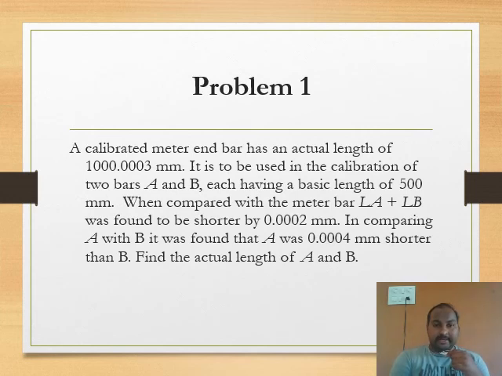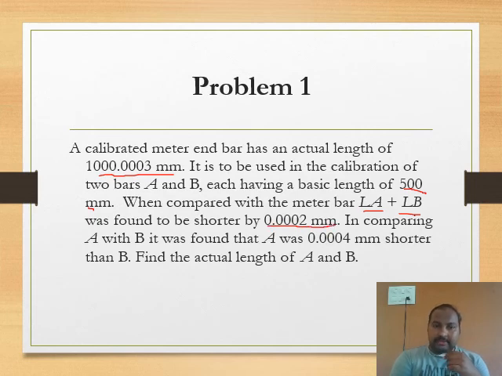A calibrated meter end bar, which has an actual length of 1000.0003 mm, is used to calibrate the two end bars A and B. Each has a length of 500 mm. Actually, they are supposed to be 500 mm. But when I compare the length LA plus LB with the capital L, it was found to be shorter by 0.0002 mm.